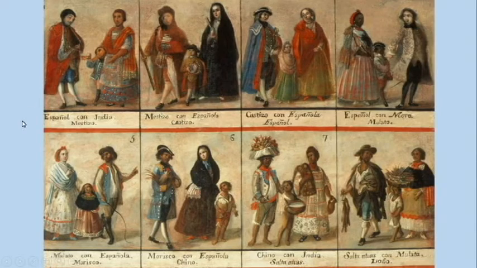And so you have here Español con India, so a Spaniard with an Indian woman, you form a mestizo child. If you have a mestizo with an Española, then that's a castizo. If you have a castizo with an Española, then you get a full-blooded Spanish person.